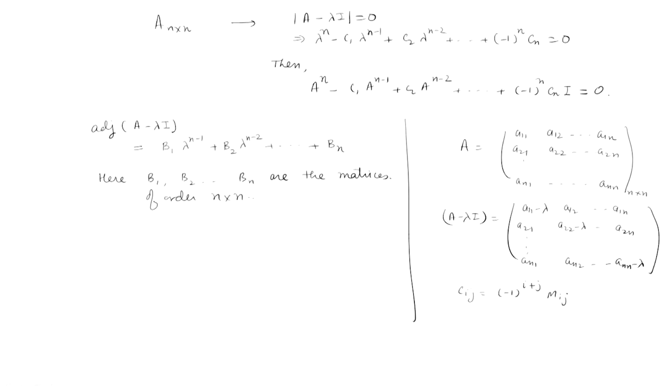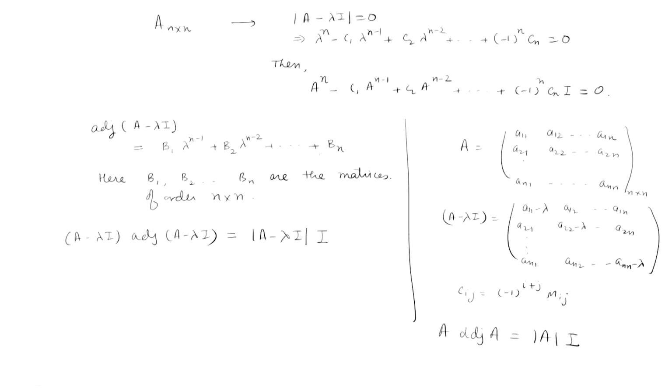Now, we also know that A minus lambda I into the adjoint of A minus lambda I, that means A into adjoint of A, is equal to the determinant of A times the identity. So, a matrix into its adjoint is equal to the determinant of A minus lambda I times I. This we already know.